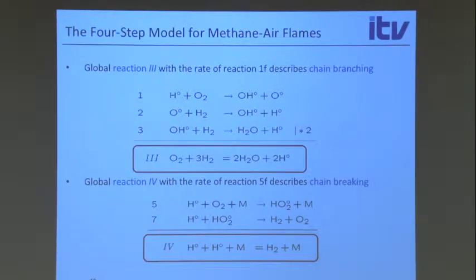The M here is not really needed. We just put it here because this reaction, Roman 4, proceeds with the reaction rate of number 5, which is a pressure-dependent reaction. It goes with a third body, so we just add this here. I mean, it's just for illustration purposes.